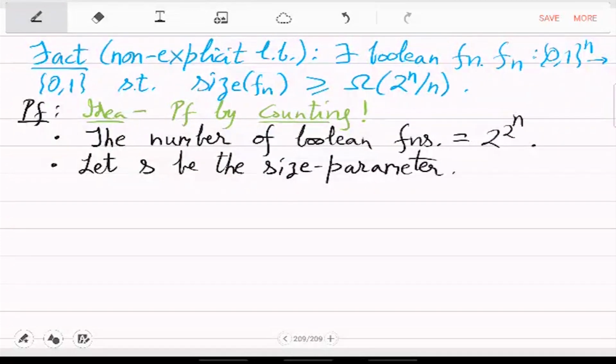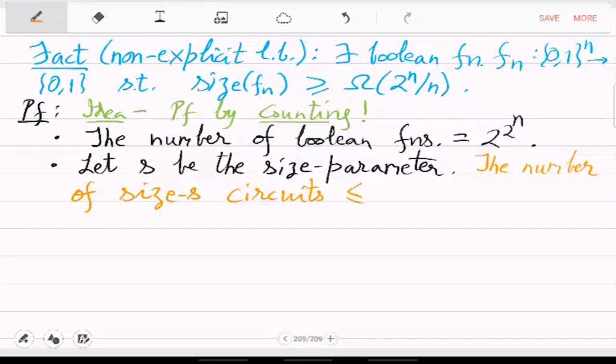What is the number of circuits? So, the number of size S circuits basically depends on the number of size S graphs, right. So, you have these S internal nodes and then you want to connect them by wires.